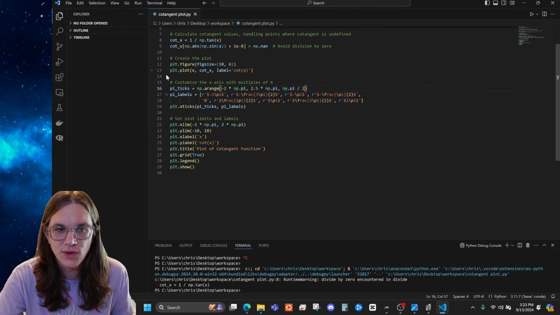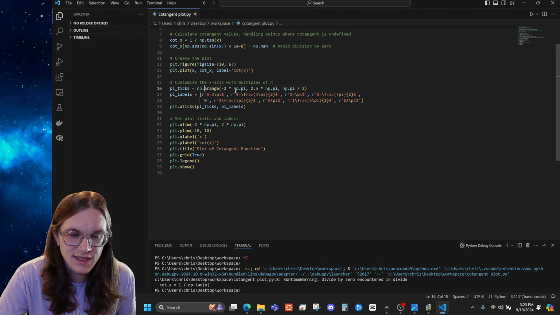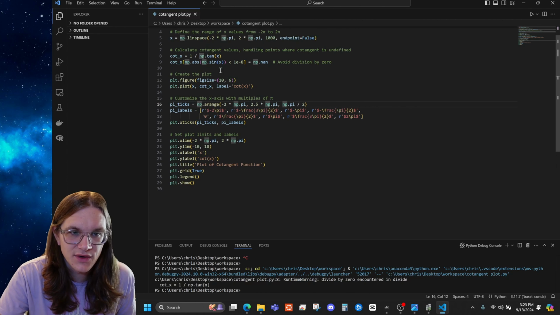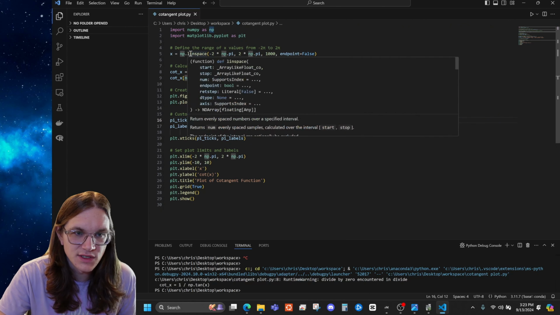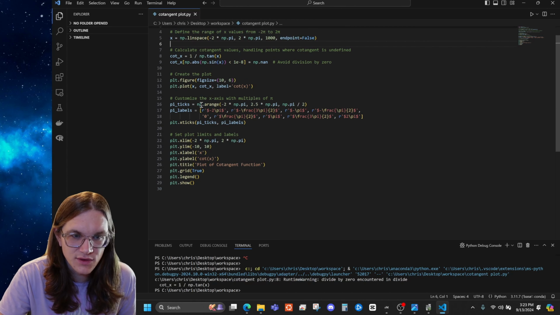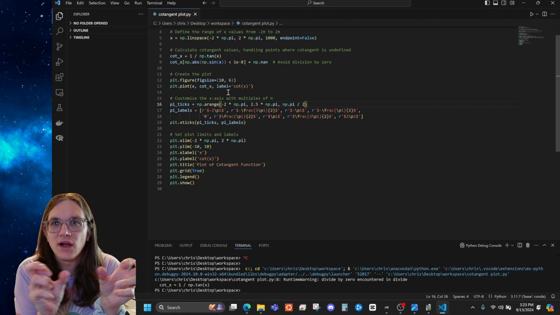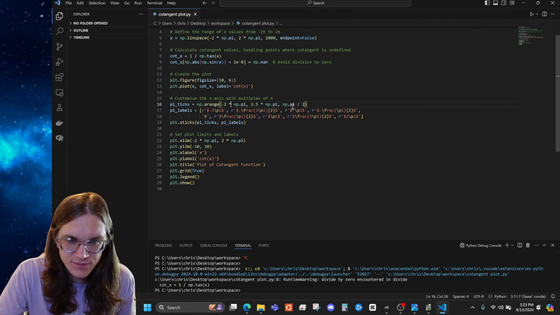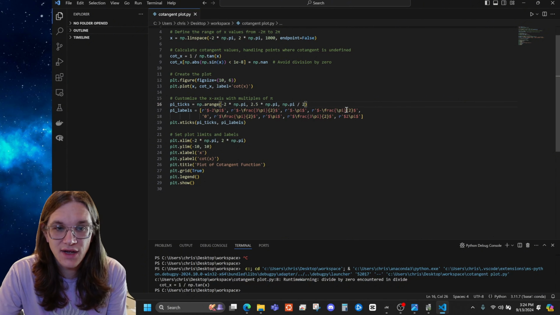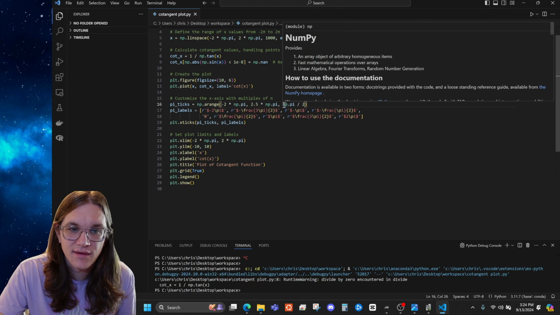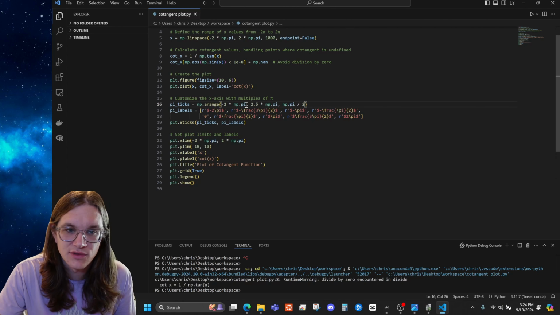So pi ticks here is, again, creating another set of points, which instead of using linspace, now we've used np.arange, which is just saying it's going to make well-spaced values between -2 pi and positive pi over 2.